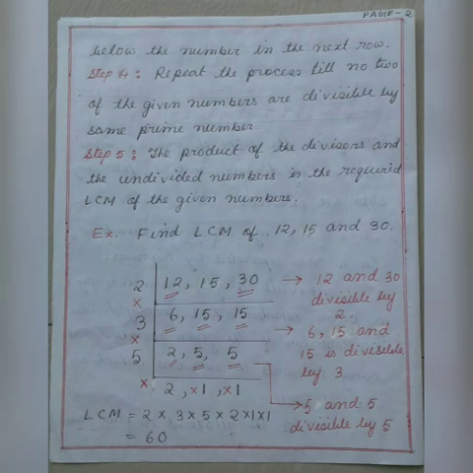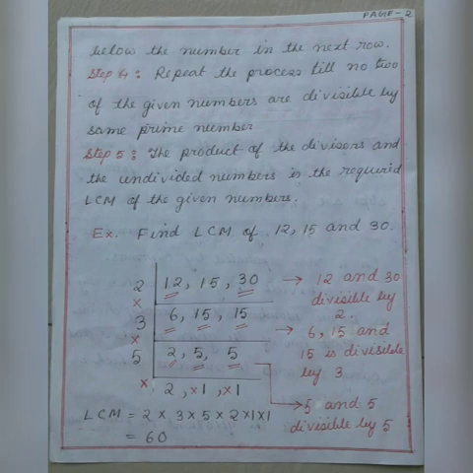5 and 5. Now I have to check which two numbers are divisible by the same prime number. I can see I can divide 2, 5, 5 by 5. So I can write 2, 1 and 1 in the next row.